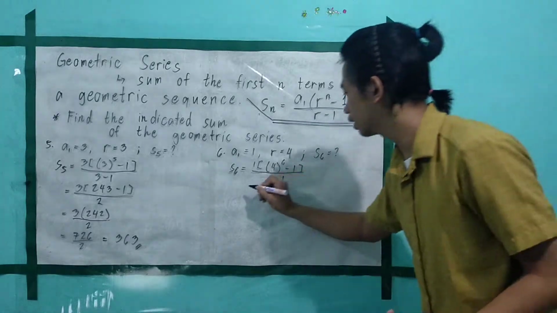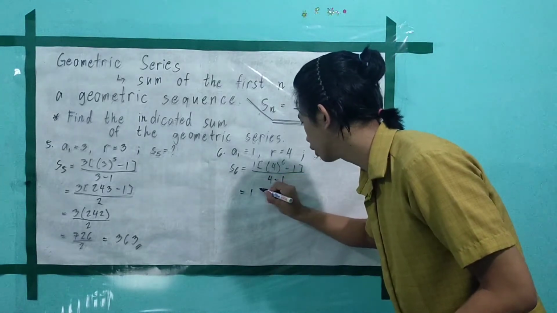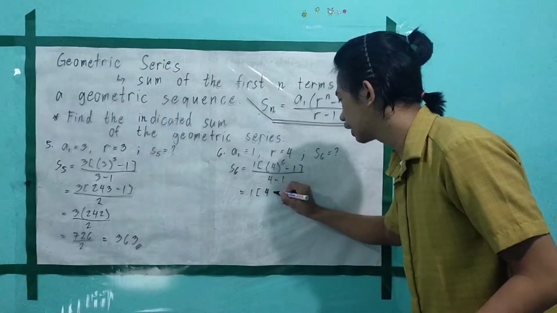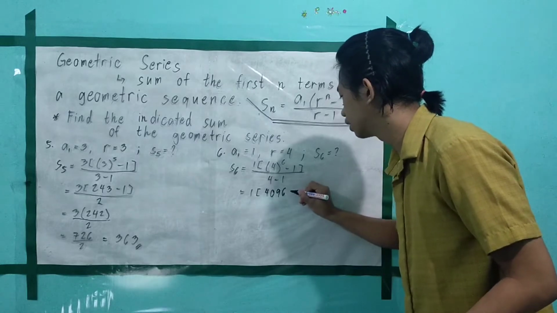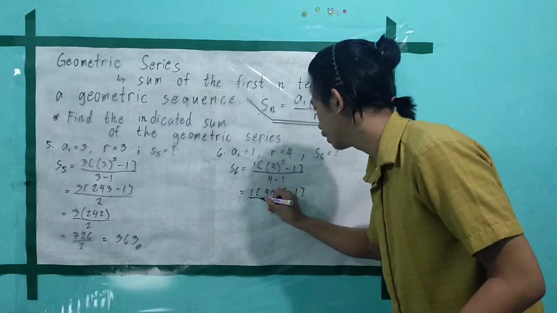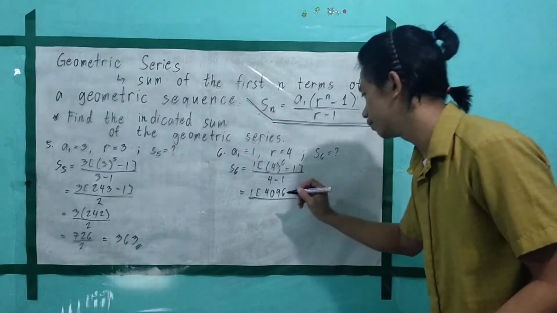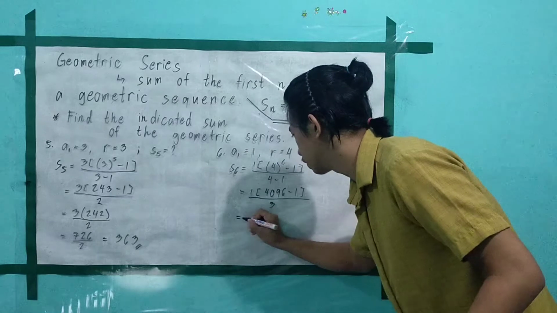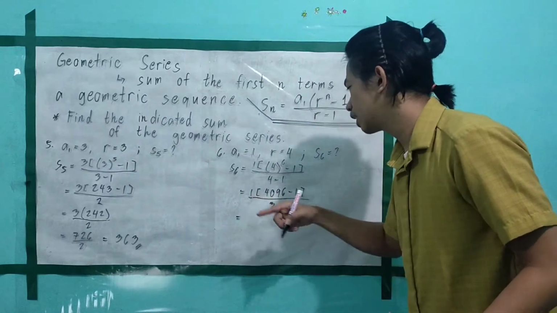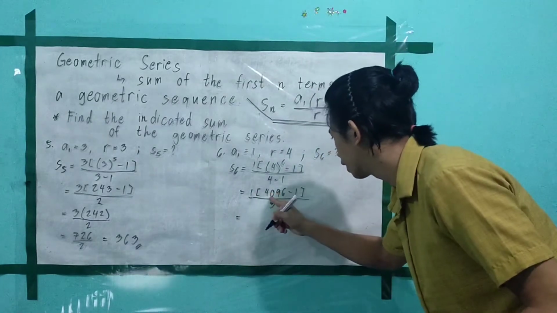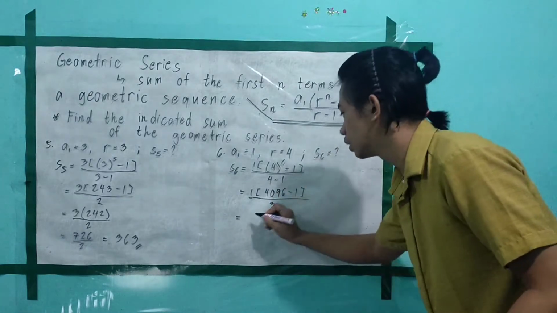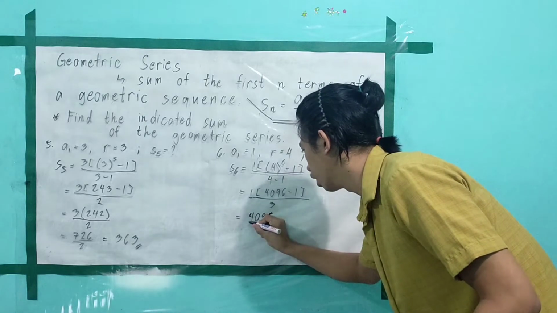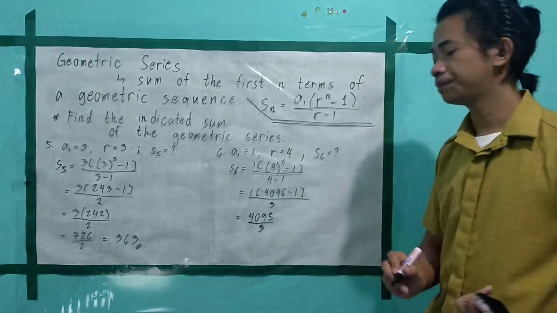And then let's simplify it. So we have 1 multiplied by 4 raised to 6, which is 4,096, minus 1 all over 4 minus 1, which is 3. Then it is equal to 4,096 minus 1, which is 4,095, all over 3.